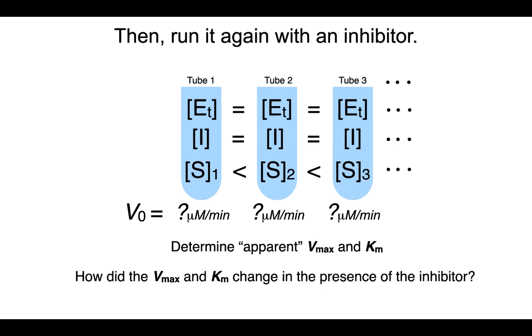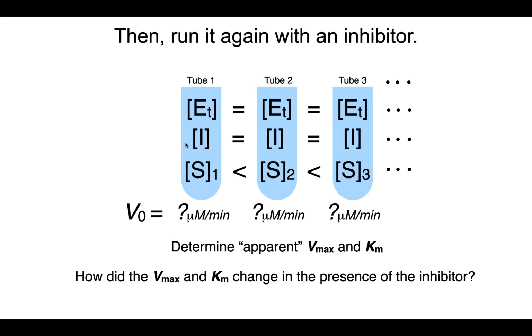Then you do that same experiment all over again, with the same enzyme concentration all the way across and increasing substrate concentrations, but this time to each one of the tubes you add a constant concentration of the inhibitor that you're interested in learning more about. And then you do the same thing.